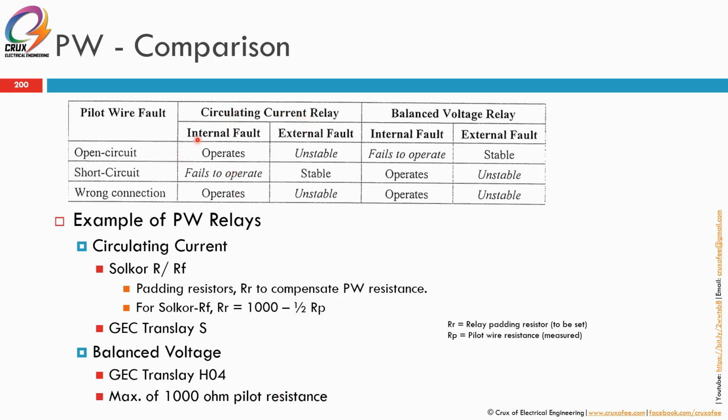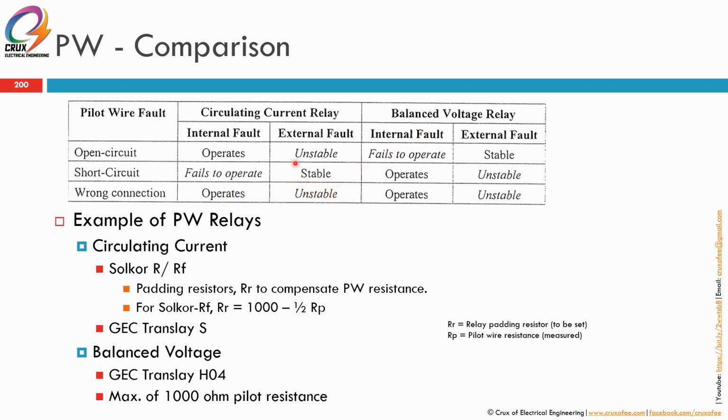So pilot wire fault, if it's open circuit for circulating current, internal fault, it will operate. For external fault, it may operate or may not operate. While for short circuit, it will never operate. And for external fault, it will be stable. For wrong connection, it may operate for internal fault and also be unstable, may operate or not operate for external fault.